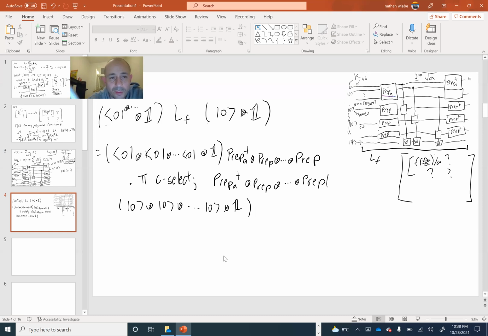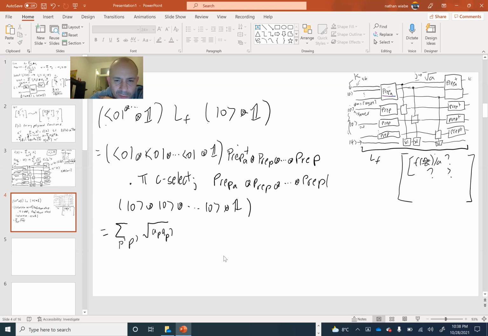Now we're going to go through and do basically the same thing that we did last time. This is going to be equal to the sum over two indices, I'll call them P and P prime, of the square root of A_P A_P prime from the prep A acting left and the prep A here.